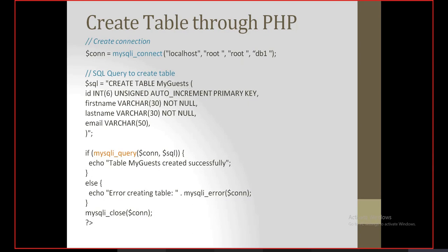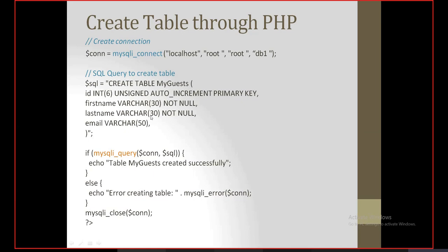So next thing is, after we create the database, we have to create a table using our PHP script. So again, we will connect with the database now, providing the fourth argument as the database name to the mysqli_connect method.